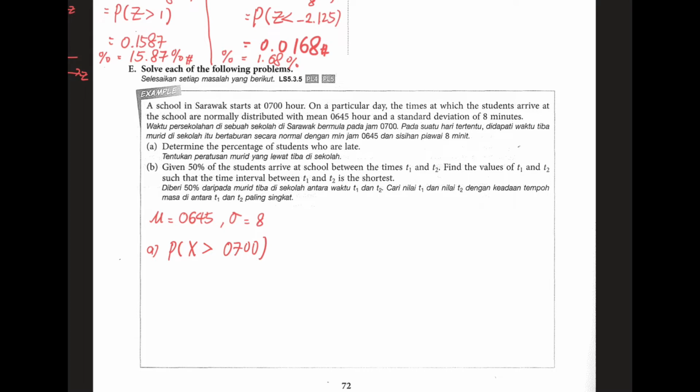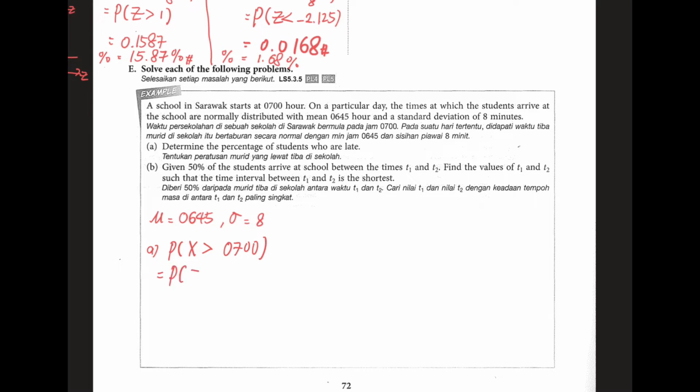We know that everything is in minutes. Because of this, we want to change it to z.